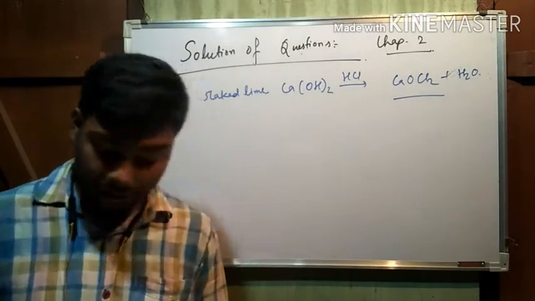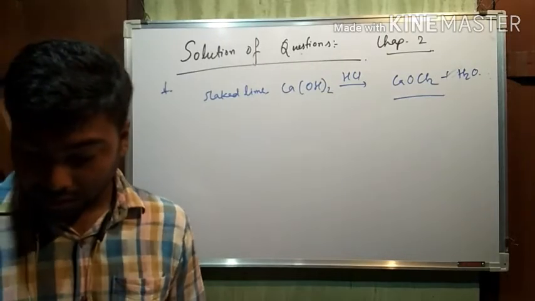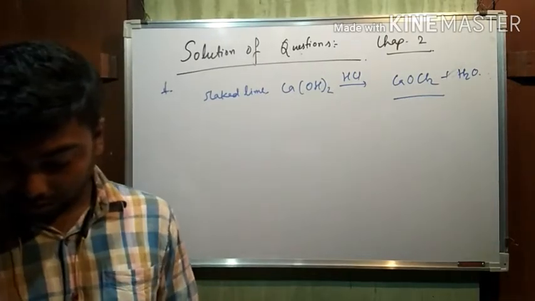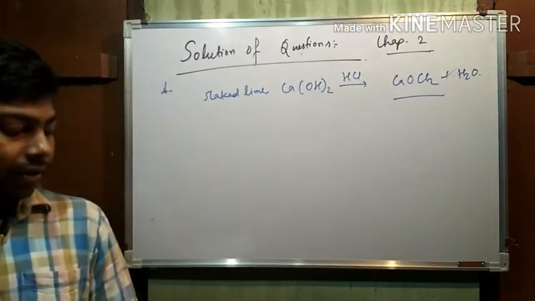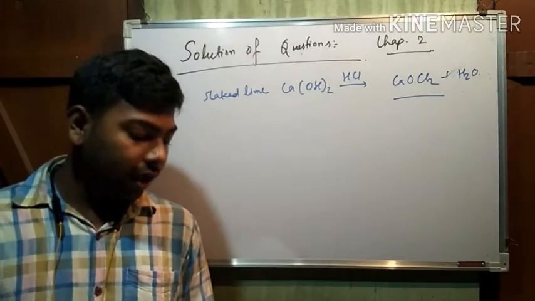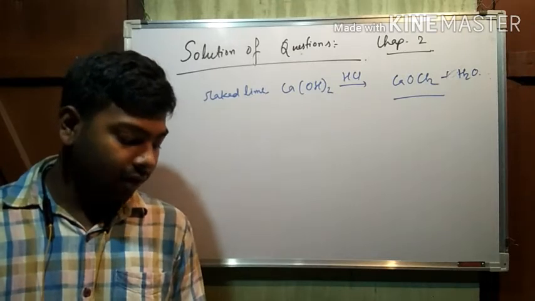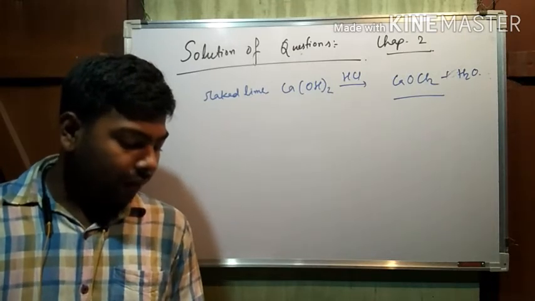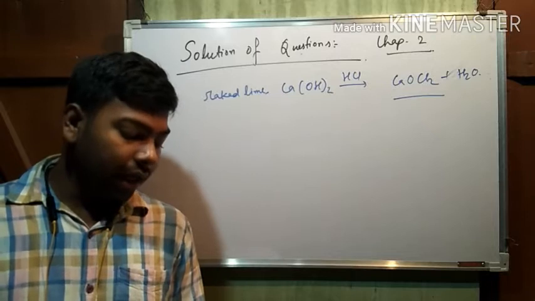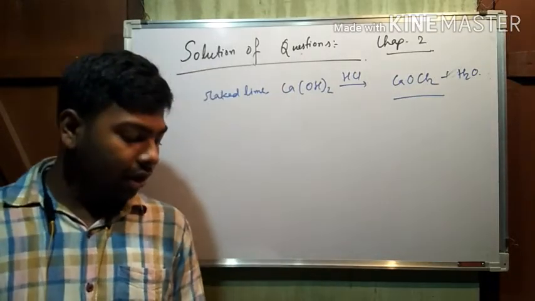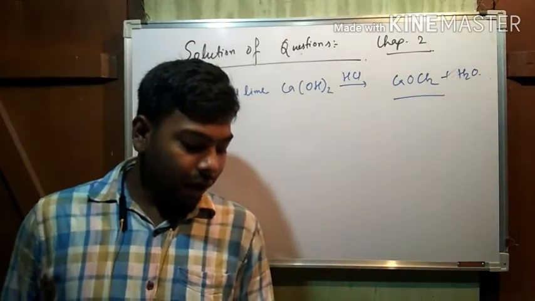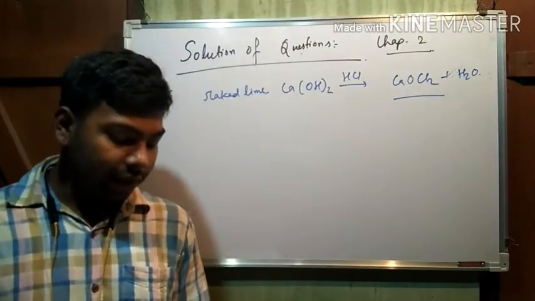Next question is, metal compound A reacts with dilute hydrochloric acid to produce effervescence. The gas evolved extinguishes a burning candle. Write a balanced chemical reaction if one of the compounds formed is calcium chloride.